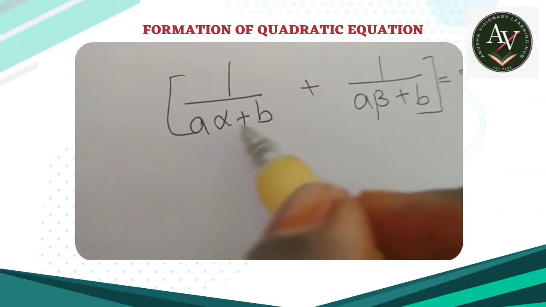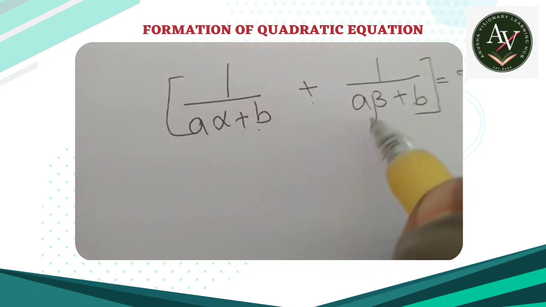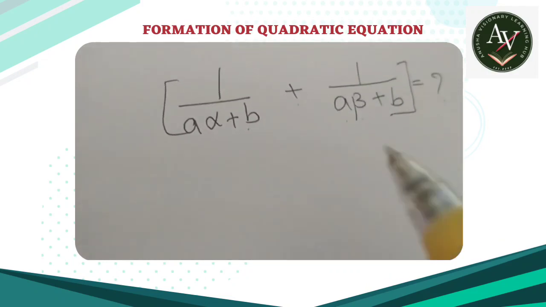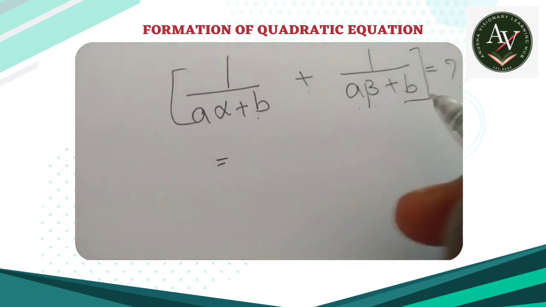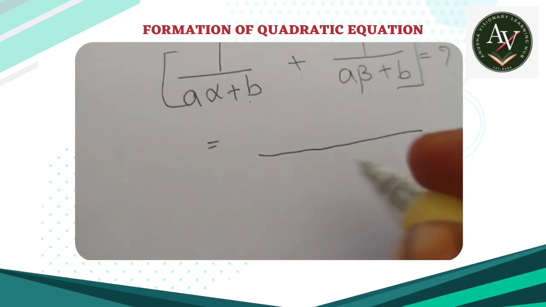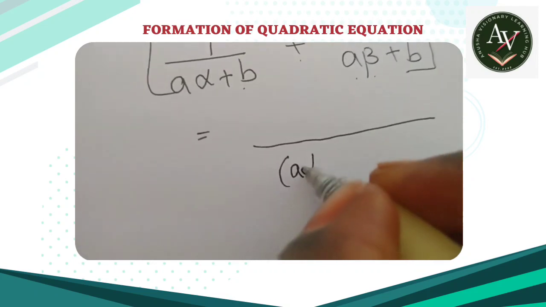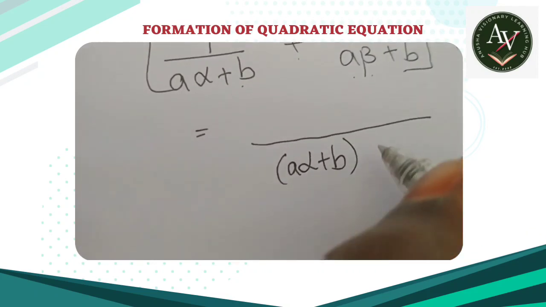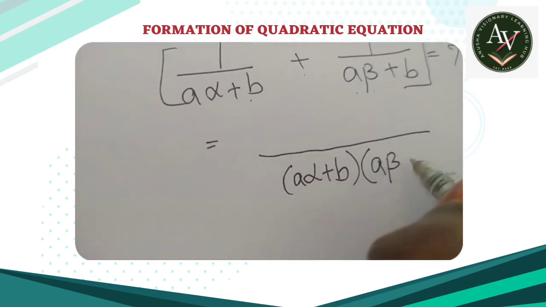Next, let's find 1 by (a alpha plus b) plus 1 by (a beta plus b). Firstly, we should take the LCM. So the two terms will be multiplied, (a alpha plus b) into (a beta plus b).